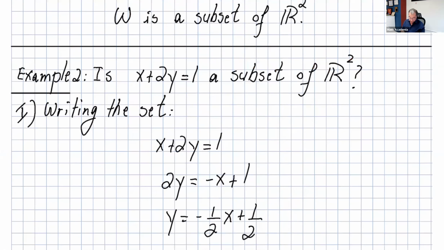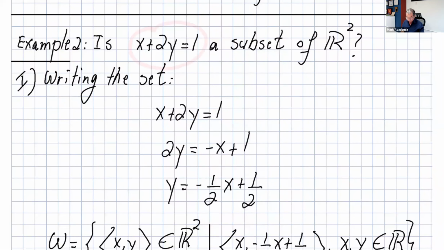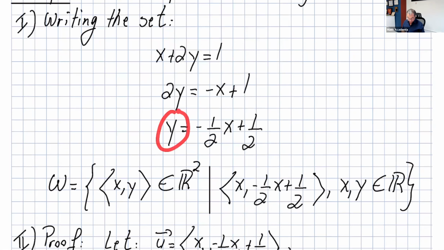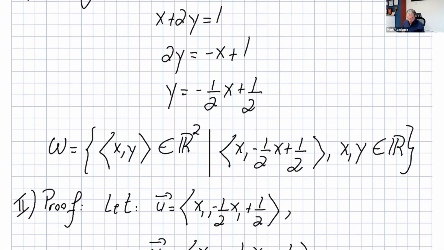Now I put another example. Here we have x plus 2y equals 1. Is this a subset of R2? Let's write the set. Isolate y. Again, you can say W is (x, y) in R2, and instead of y, you can write negative 1 over 2 x plus 1/2. x and y are real numbers, just the same way we did the first proof.